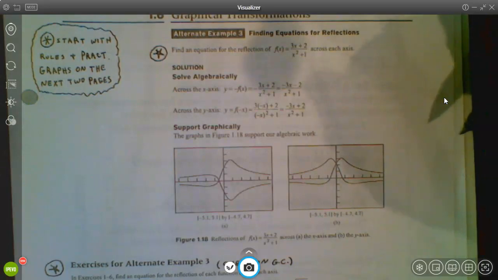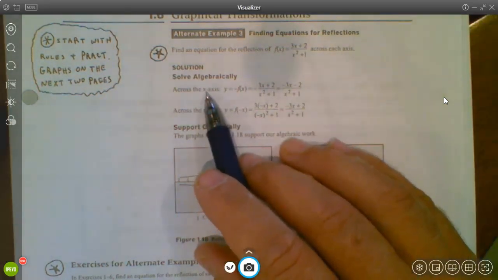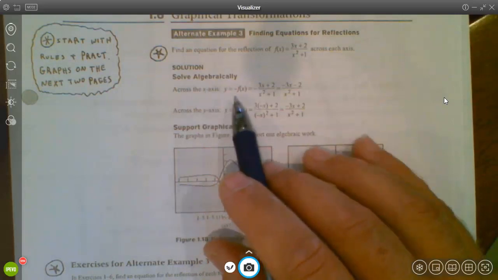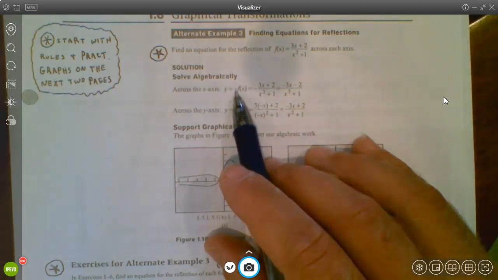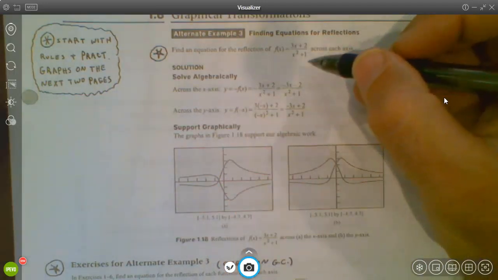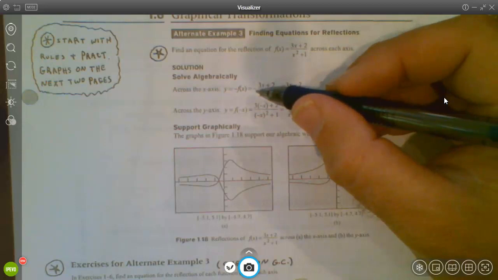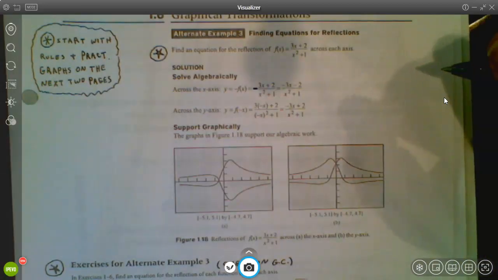So we're going to do each one of those separately. So remember, if I wanted to do it across the x-axis, in other words, up and down, the negative would apply to the entire function, right? It's like it's out front. It would apply to every term in the entire function. So they're taking this, and they're just putting the negative out front. That's our negative right there.